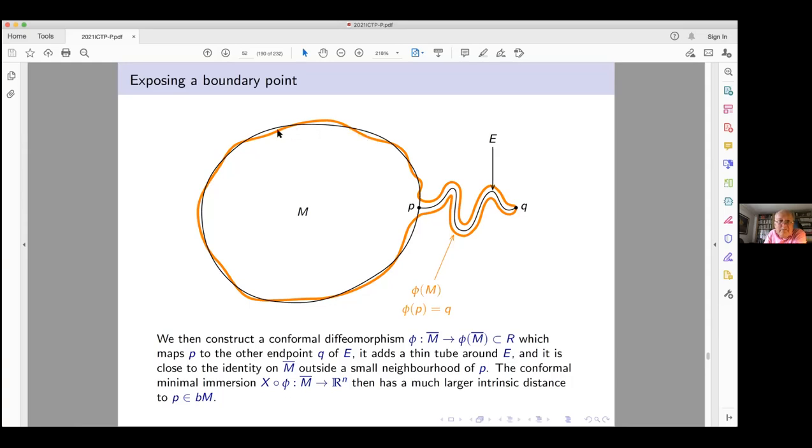You see, I have not changed much here. I'm staying pretty close to where I was. However, there is a radical change when I approach P. So P goes to the end of the arc Q, and the small neighborhood of P is being pushed out into this red tube around the arc E. Okay, so I'm kind of growing.